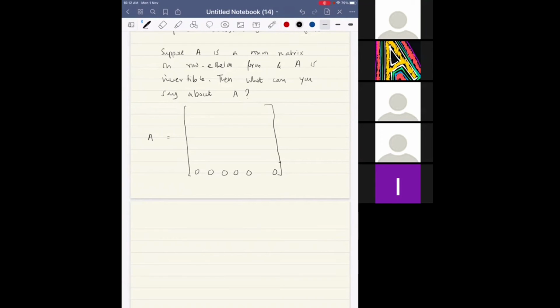So the map A hat will not be surjective. So this is not possible. So the last row cannot be 0.